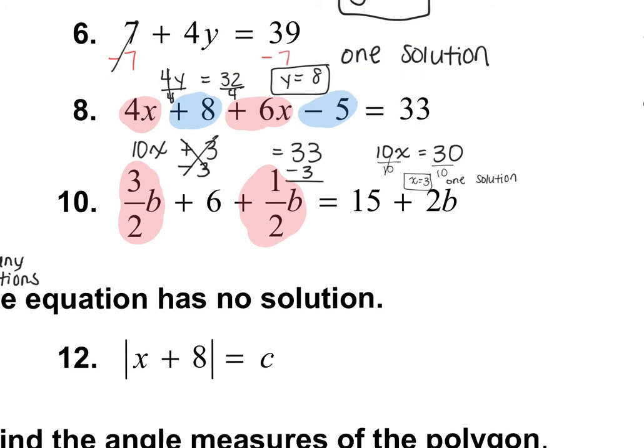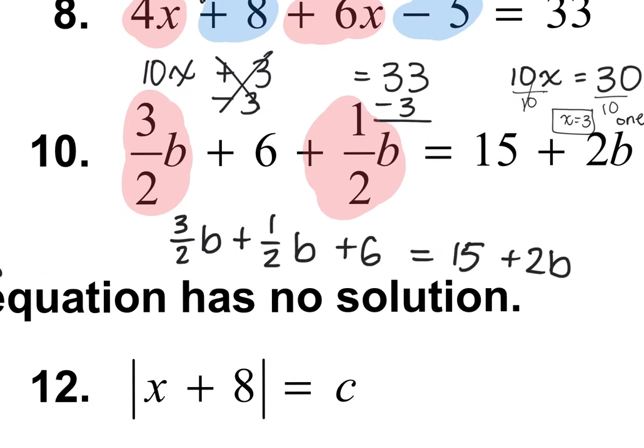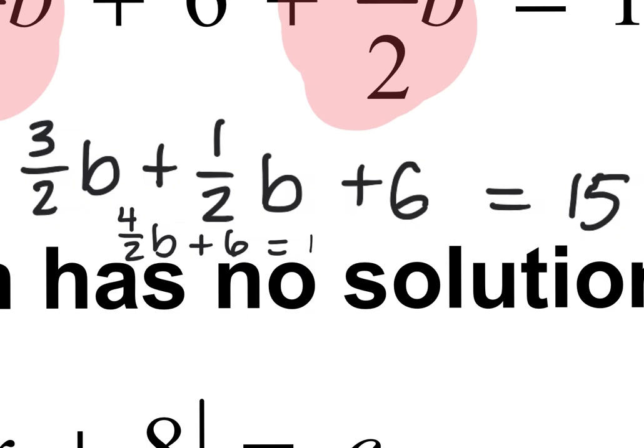So we've got 3 over 2b plus 1 over 2b plus 6 equals 15 plus 2b. All I did, guys, was I rewrote this where the b terms are next to each other, okay? Now, 3 over 2 plus 1 over 2 is going to be 4 over 2b plus 6 equals 15 plus 2b.